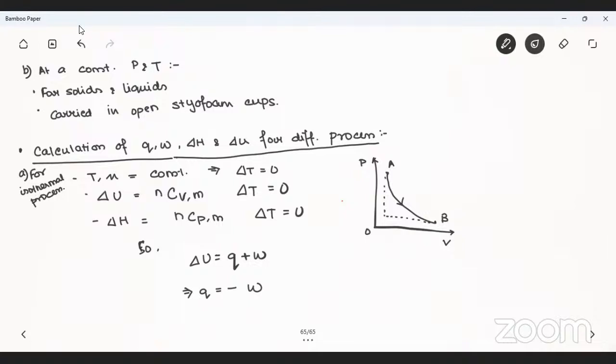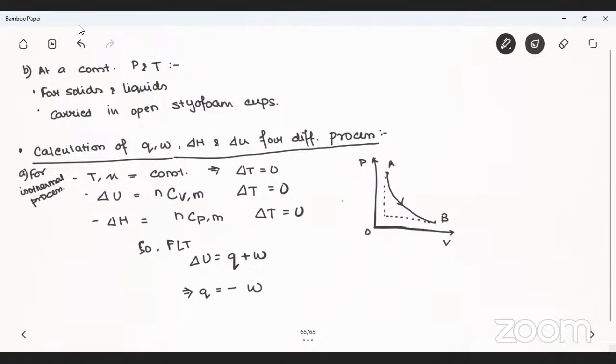So from the first law of thermodynamics, delta U is equal to Q plus W, and since delta U is 0, Q is equal to negative of the work done.